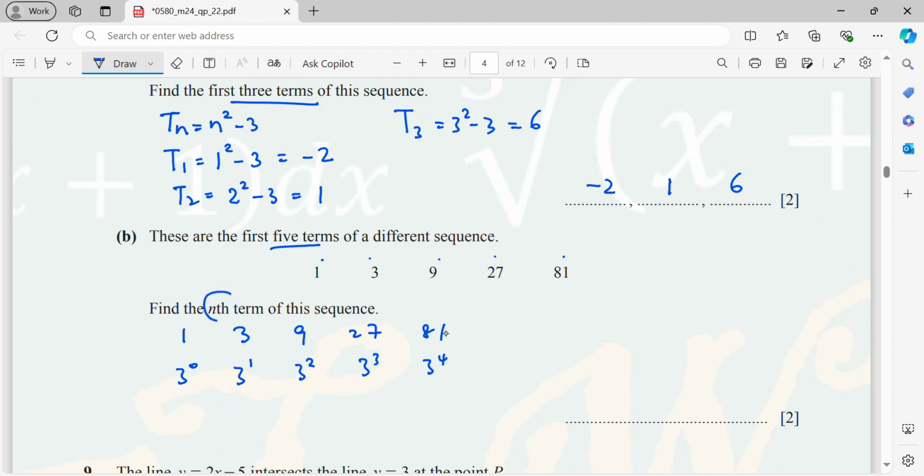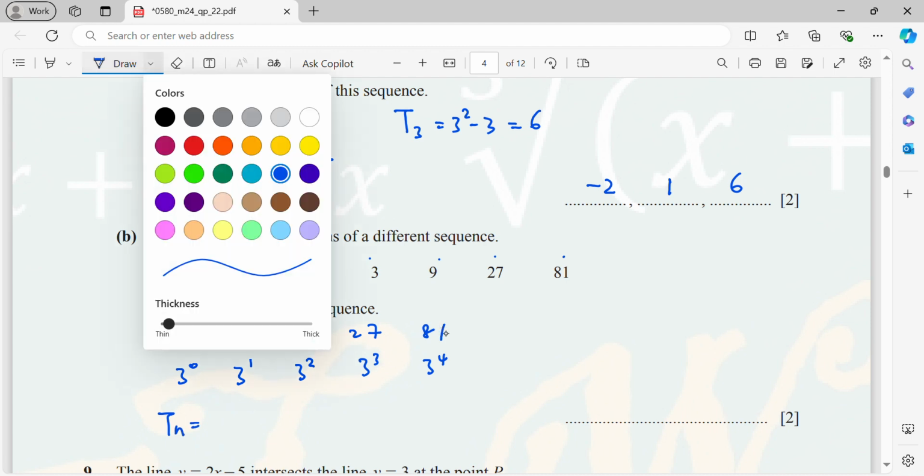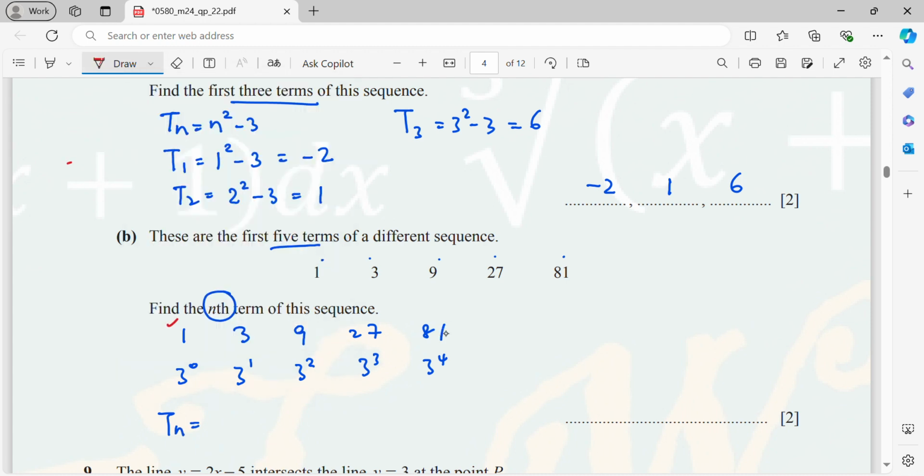And now you need to find the nth term. So basically, look at here. Tn, this is the first term, but the power is 0. Second term, power is 1. This is the third term, power is 2. This is the fourth term, power is 3.